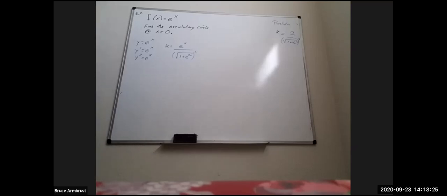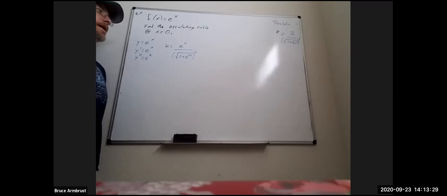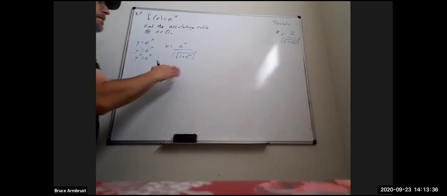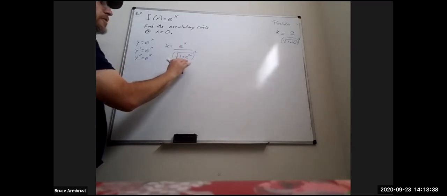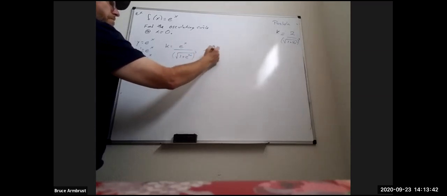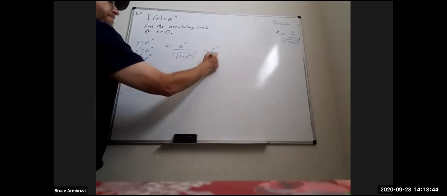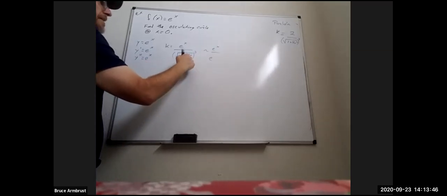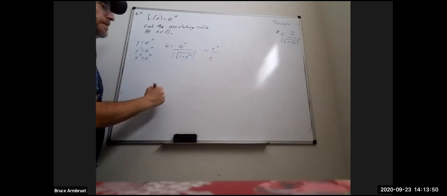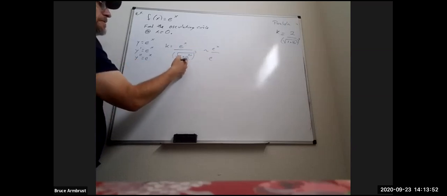As x gets small, goes to 0, or goes to infinity, you can actually see what's going on here. Look at what's driving things. On top, of course, we've got e to the x. On the bottom, it's e to the 2x, the square root of that cubed. Well, the square root of e to the 2x would be e to the x.